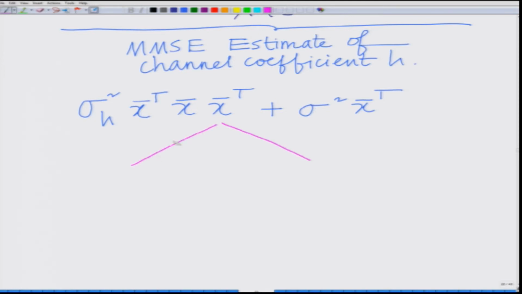Observe that I can expand this quantity in two ways. I can either take x bar transpose common on the left, or I can take x bar transpose common on the right.